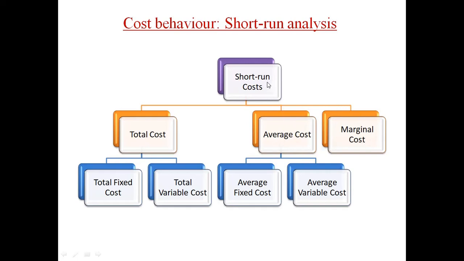So we will discuss the total cost, average cost, and again at the end, marginal cost. Total costs are also of two types, that is total fixed cost and total variable cost. Similarly, average costs are also of two types, that is average fixed cost and average variable cost. So let us discuss them one by one.